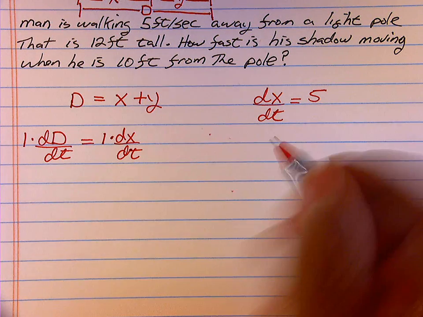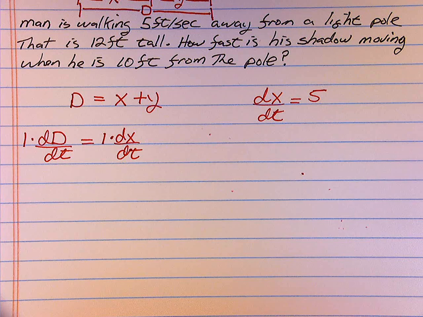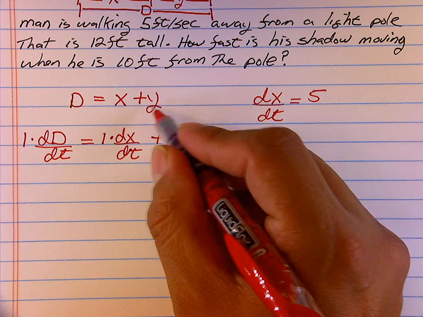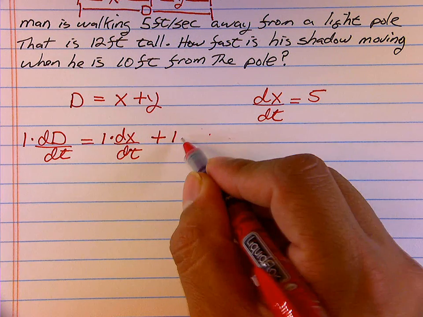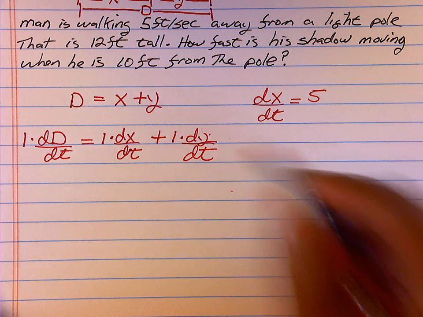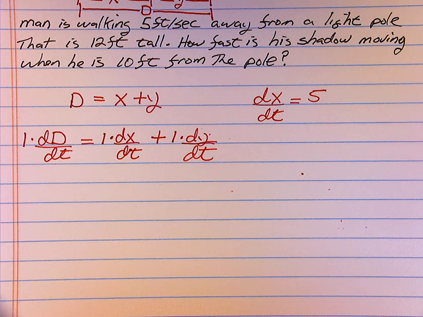I'm using the chain rule because I'm taking the derivative with respect to time, not x, not distance D, or y. So each time I use one of these variables, the derivative of y is going to be 1 times dy/dt. I know what dx/dt is. The only thing I'm missing is dy/dt.